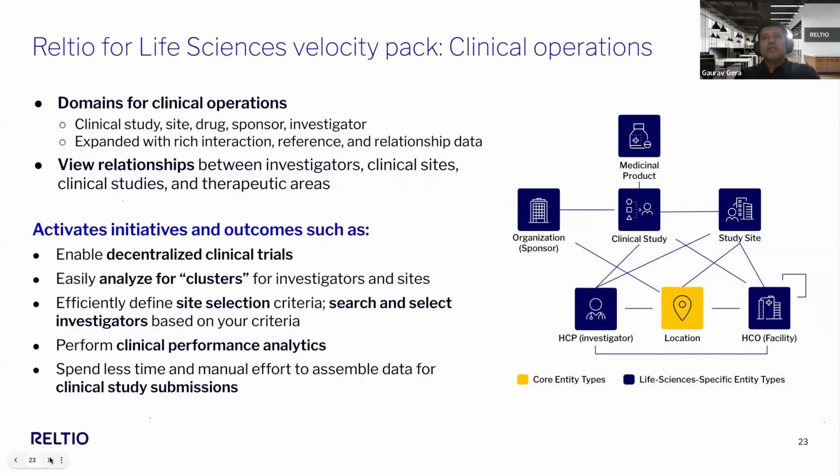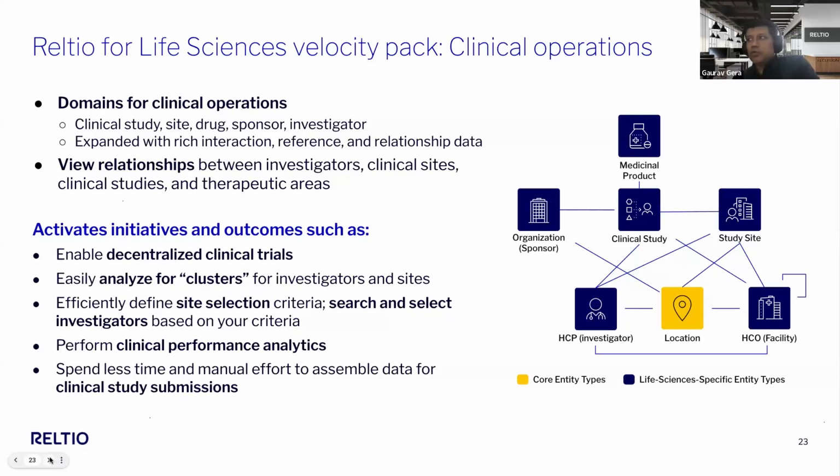Sorry. So this is the overall data model for that clinical operation piece. As you can see, this is just a subset of the data domains that we saw for the clinical operations, which include things like study site.